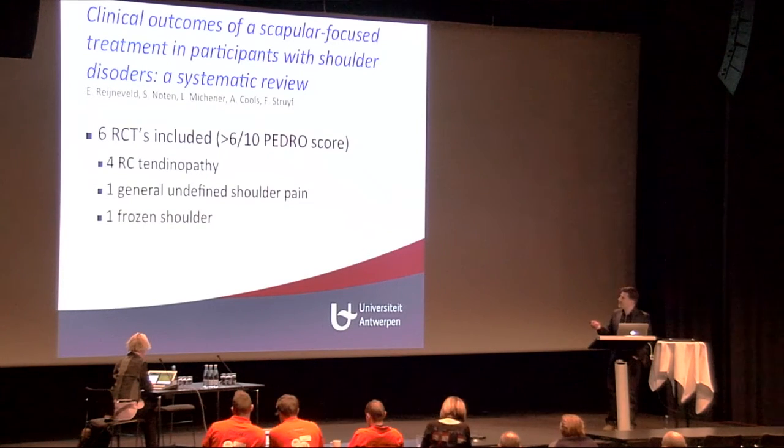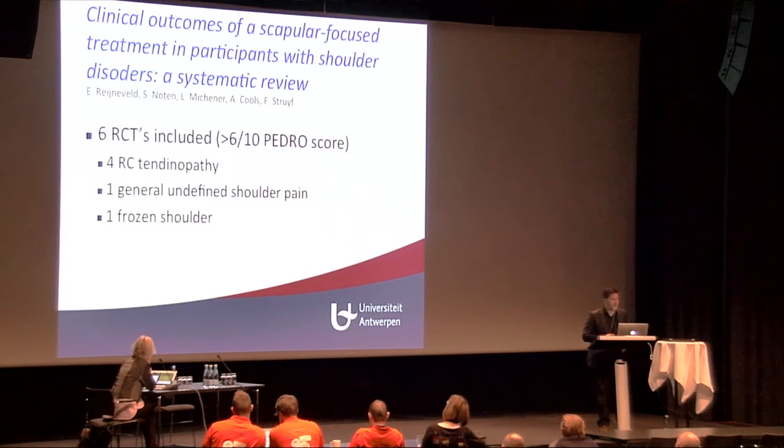Of course, the one on frozen shoulder is difficult to compare with the other studies. They all had a good quality score. Okay, I'm not going into the methodology of the systematic review, which is, by the way, hopefully going to be published in the British Journal of Sports Medicine one of these weeks. And our results are very conflicting.